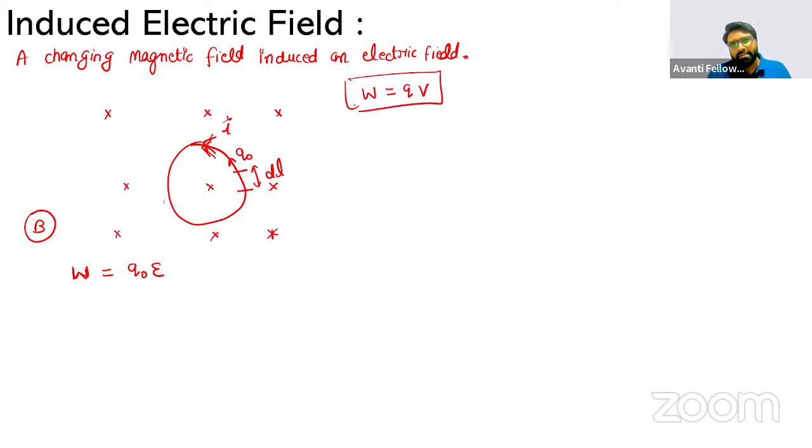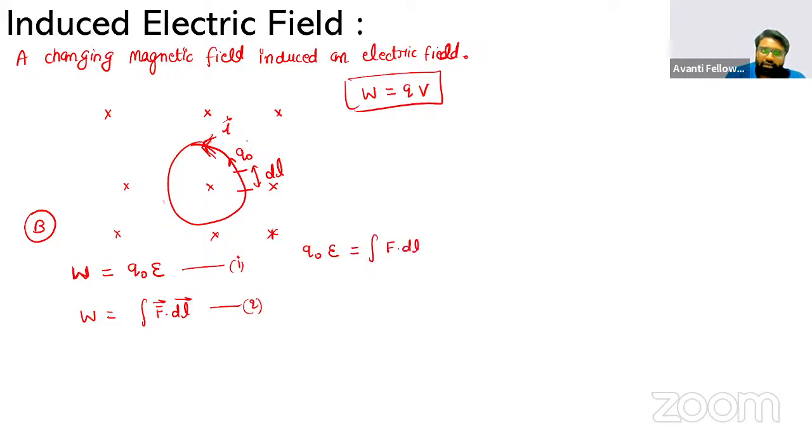Okay. So V is the induced EMF in this. So that is why we have written it here. Now this is equation number 1. We know the work done is also written as F dot dl, F vector dot dl vector, force into displacement. So can we compare these two? Yes, we can. So it is Q naught epsilon is equal to integration of F dot dl.